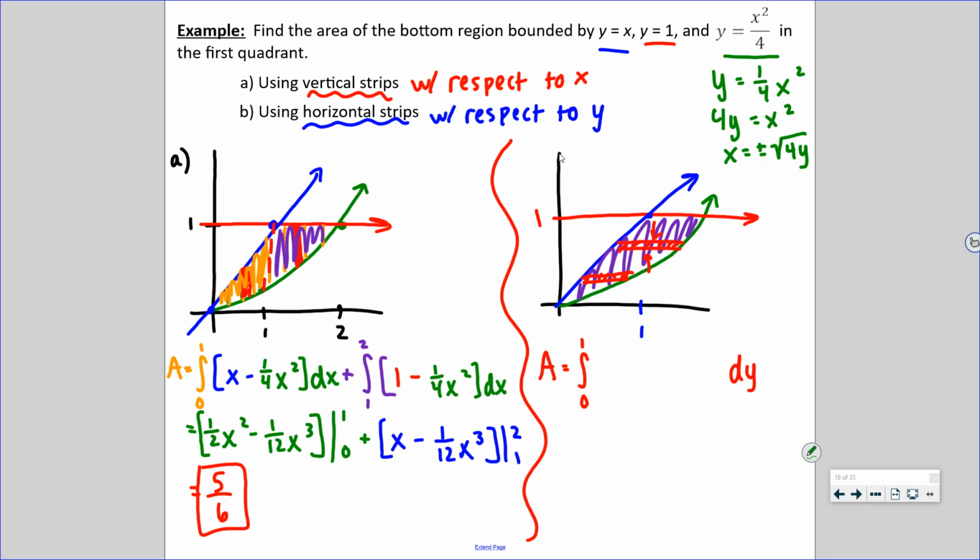Then I would simplify this a little and write it as positive 2 root y. I would even take it a step further when I write my integral: 2y to the 1/2, because then I can apply my power rule a little easier. When we're doing it with respect to y, it's right minus left. My left curve is y equals x, no problem, so instead of plugging in x, we're just going to plug in y.